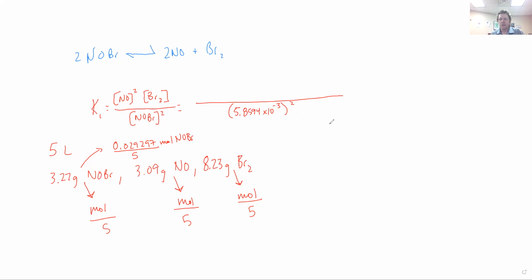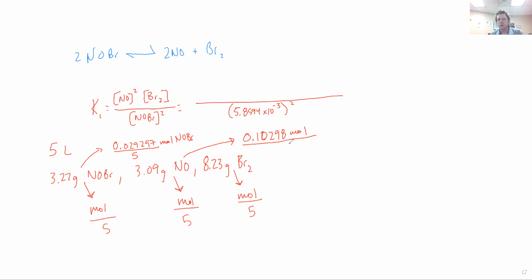Now my next number is going to be the mass of my NO. That would be 3.09. Well, that 3.09 is 0.10298 moles.